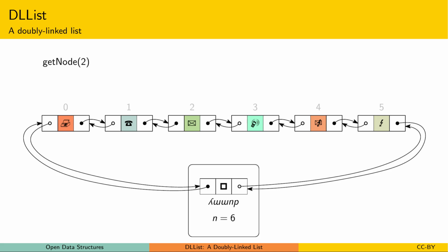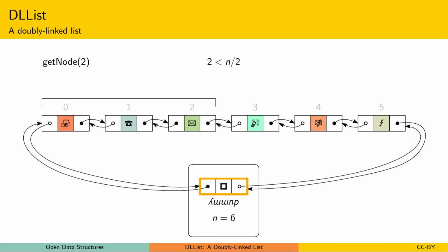Most of the work required in implementing the list operations comes from finding the node in a DLList that has a specific index i. This is done by a helper function called getNode(i). To get the ith node in a DLList, we first check if the ith node is in the first or second half of the list by comparing i to n over 2.